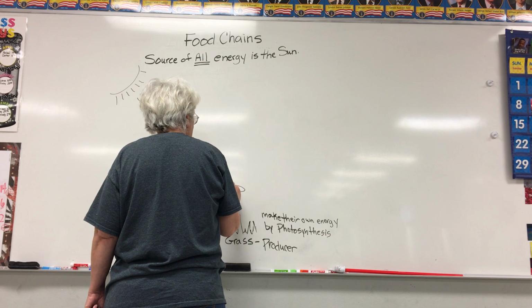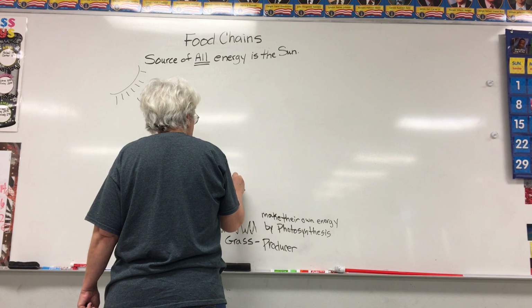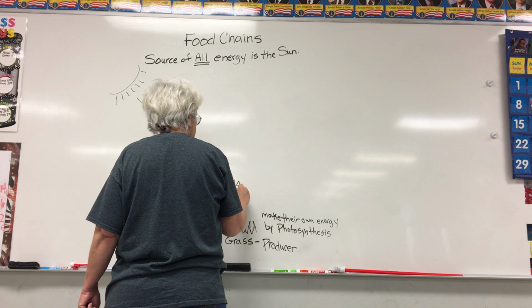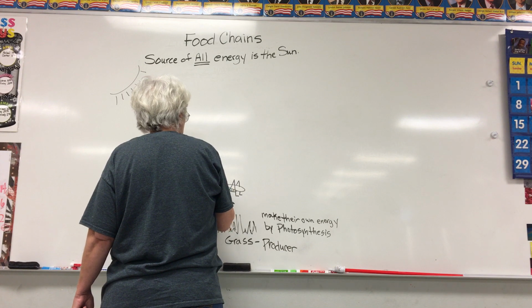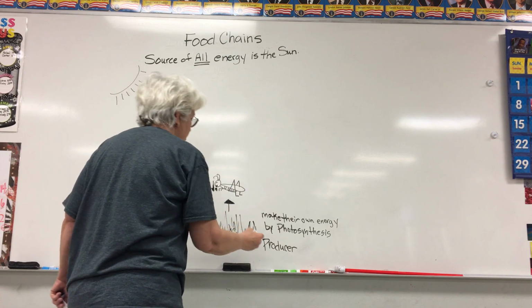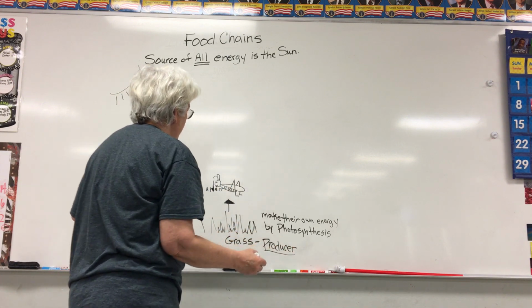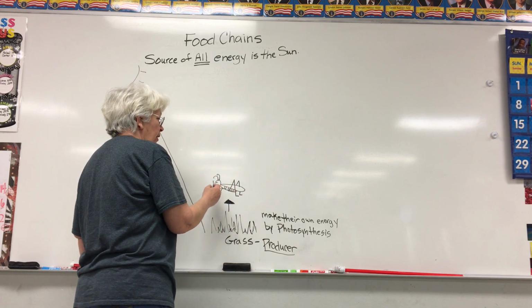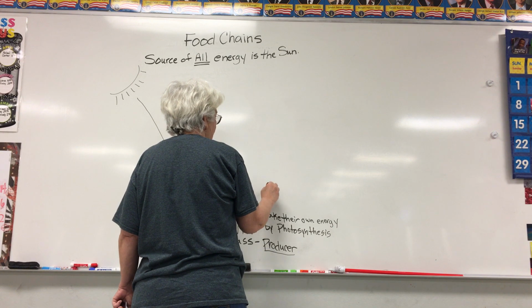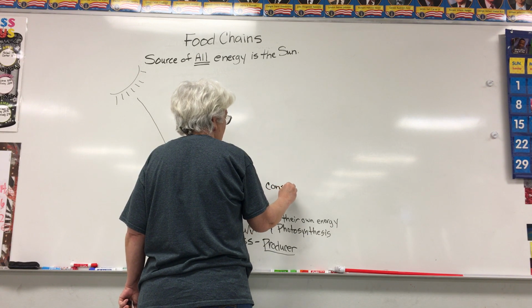The legs are the hard part. And what does he eat through his little mandible? He eats grass. So this grass is a producer. He eats or consumes the grass, so he is a consumer.